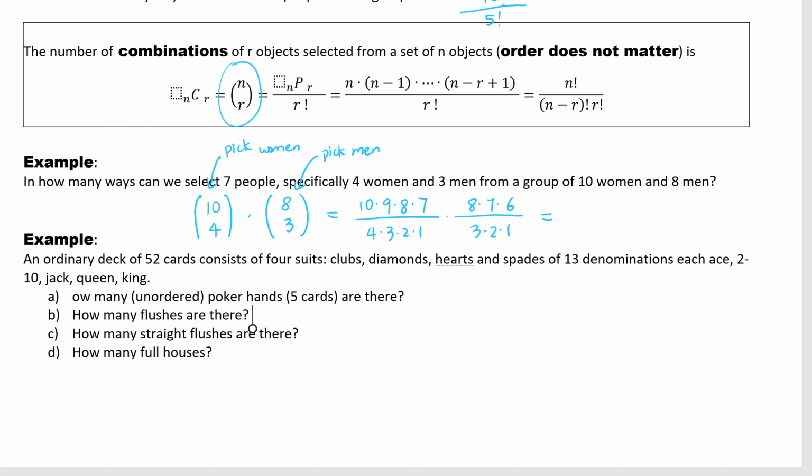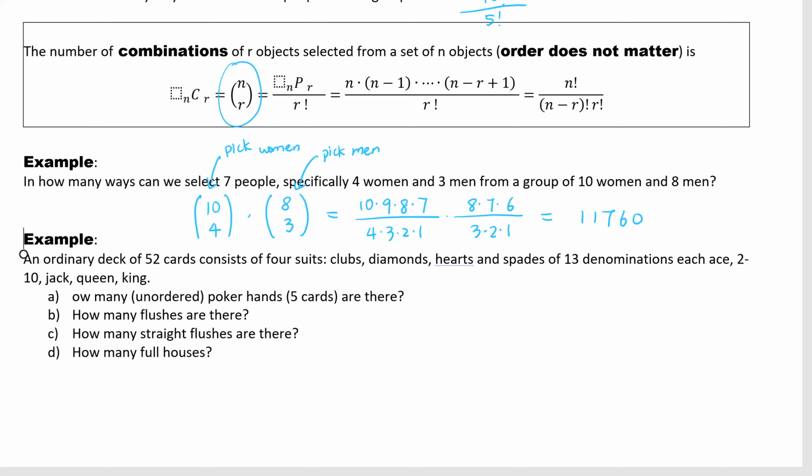We get 10 times 9 times 8 times 7 times 8 times 7 times 6 divided by 4 divided by 3 divided by 2 divided by 3 divided by 2. Our answer is 11760. Or before you plug in, you can do some cancellation. You can cancel the 4 and 2 and 8. You can cancel the 3, 2 and 6. And then it can save you some work before you plug in your calculator.